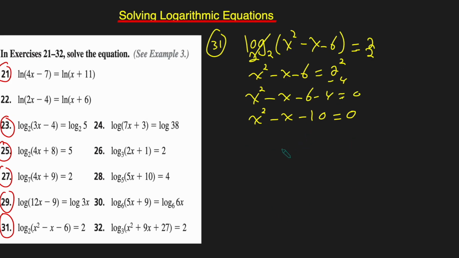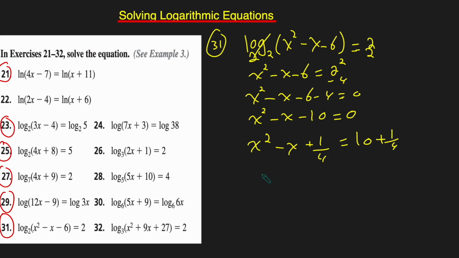Since this cannot be factored, I'm going to use either the quadratic equation or completing the square. In this case, I'm just going to complete the square. This would be x squared minus x plus 1/4 equals 10 plus 1/4.